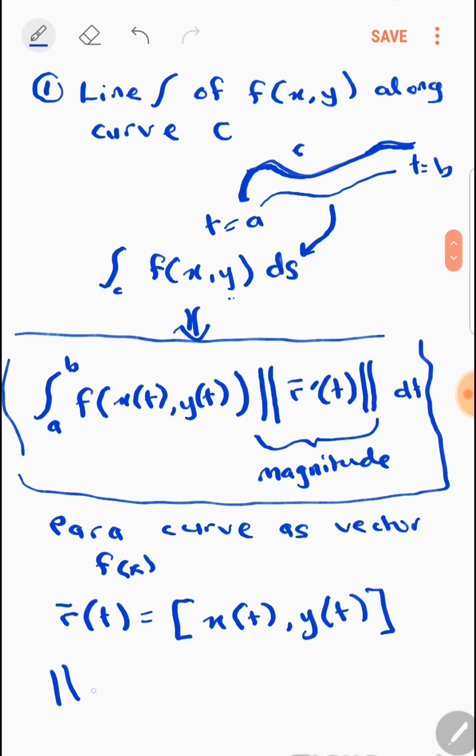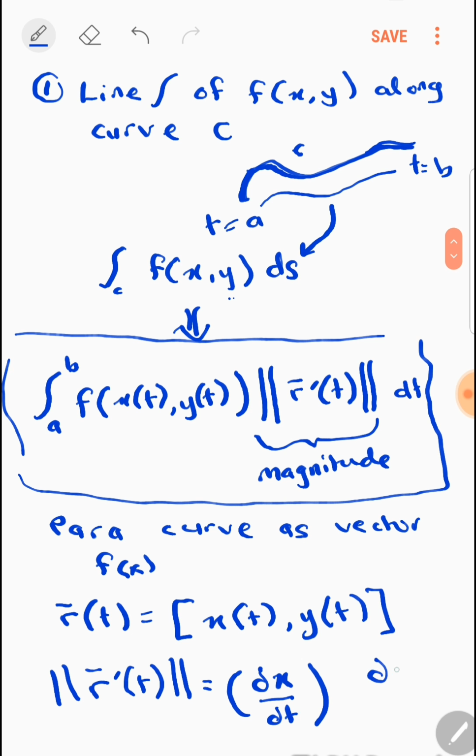So if I am going to get my r prime and get its magnitude, indicated by this double vertical line here. If you remember, the r prime basically just means that we are getting the dx of dt and the dy of dt, right? So we're differentiating it with respect to t.